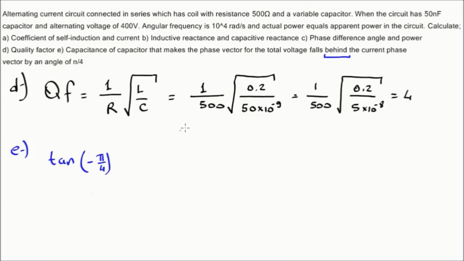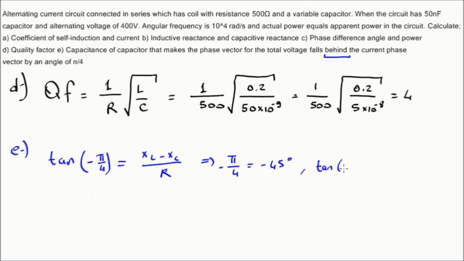Why? As I said, it says behind. If it is behind, it's going to be negative. Tangent phi equal XL minus XC over R. Negative pi over 4 equals minus 45 degree.